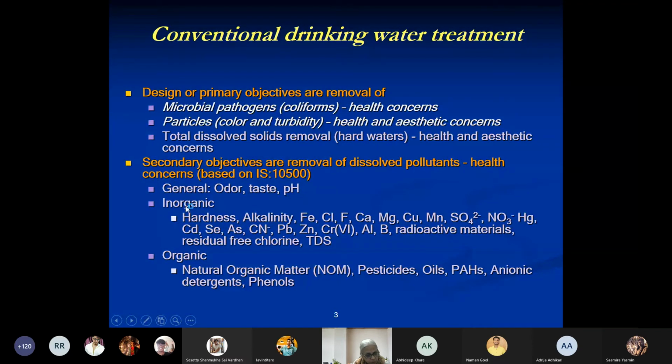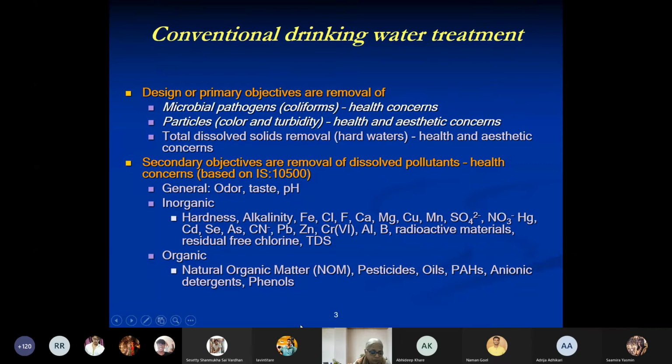And then you have both inorganic as well as organic pollutants. If you have inorganic pollutants, hardness, which is related to calcium and magnesium, is to be examined. We have lab methods and analytical methods that can be used for determining the concentration of all these different compounds.